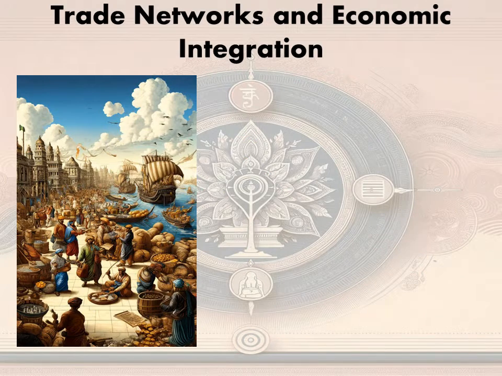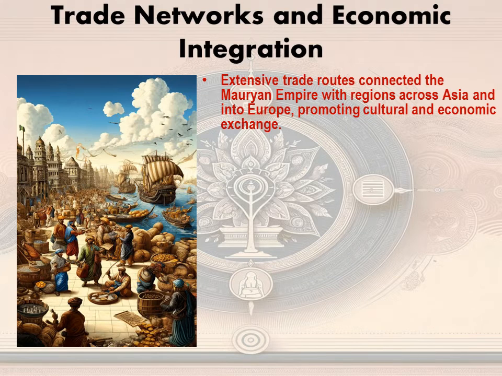Now, trade networks and economic integration. What were the main trading routes and how did it enhance the economic condition of the Mauryan period? Extensive trade routes connected the Mauryan Empire with regions across Asia into Europe, promoting cultural and economic exchange.